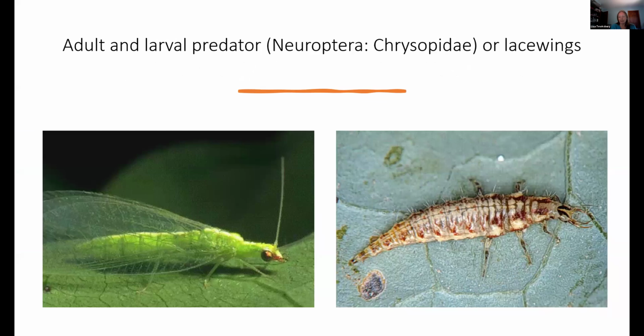I mentioned the lacewing, I think had popped up in another picture. So this lacewing, some of them are predators as adults, but some of them don't really eat much as adults. But for all of them, the larva is again a really, really strong predator of small soft-bodied insects.